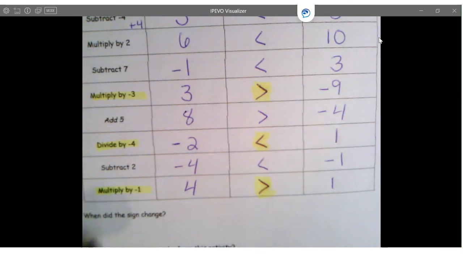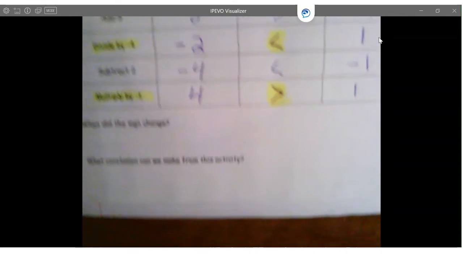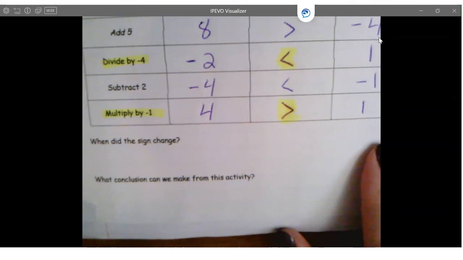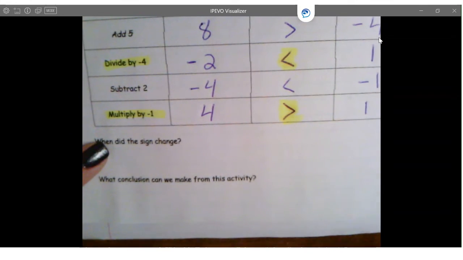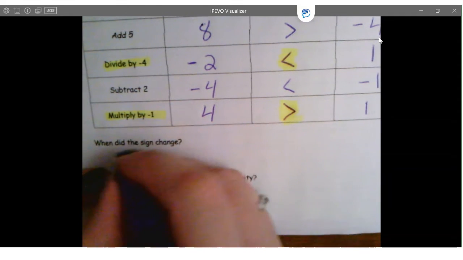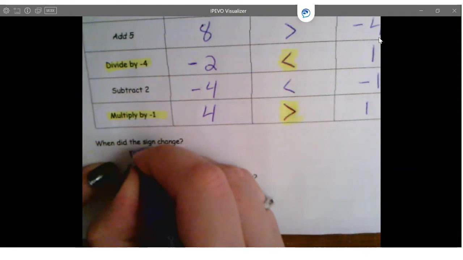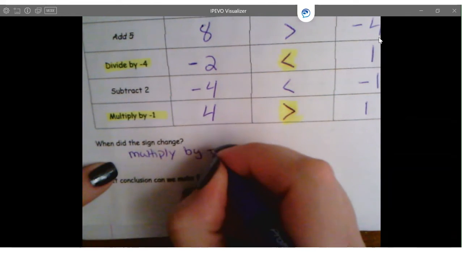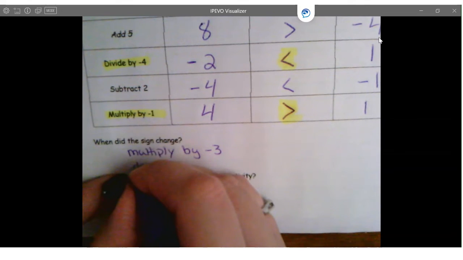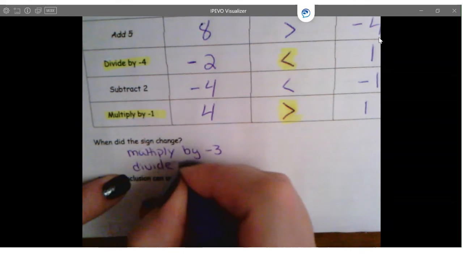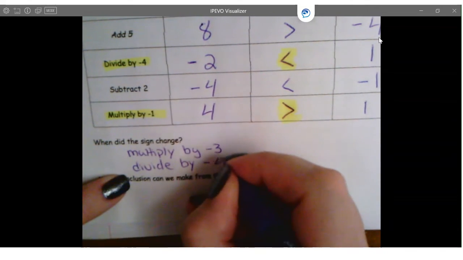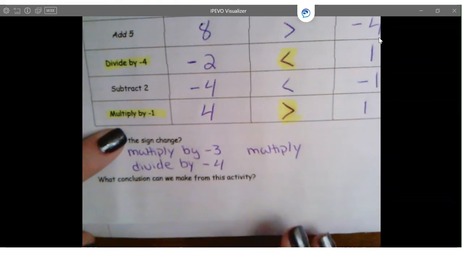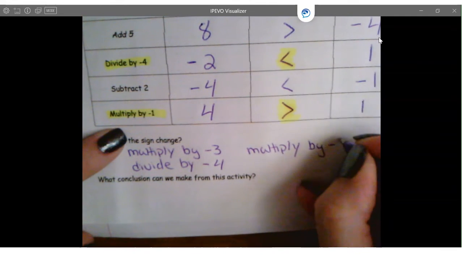So the key here, looking at these follow-up questions, is going to help us figure out our little rule about when we're going to flip the sign or the inequality symbol. So when did the sign change? Well, the sign changed when we multiplied by -3, when we divided by -4, and when we multiplied by -1.